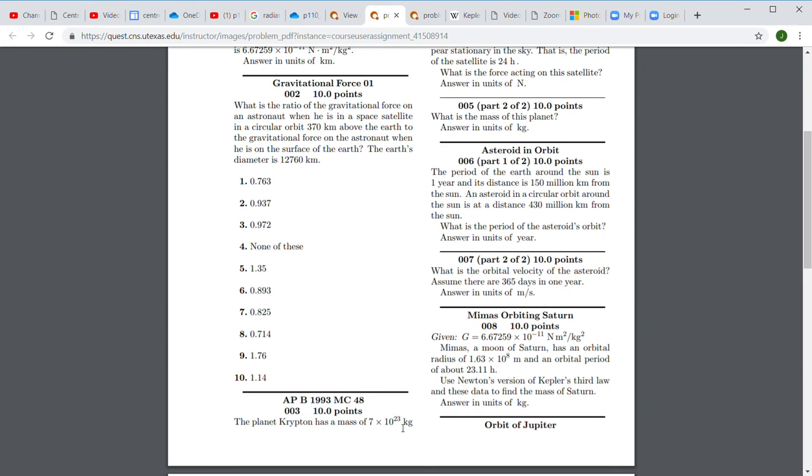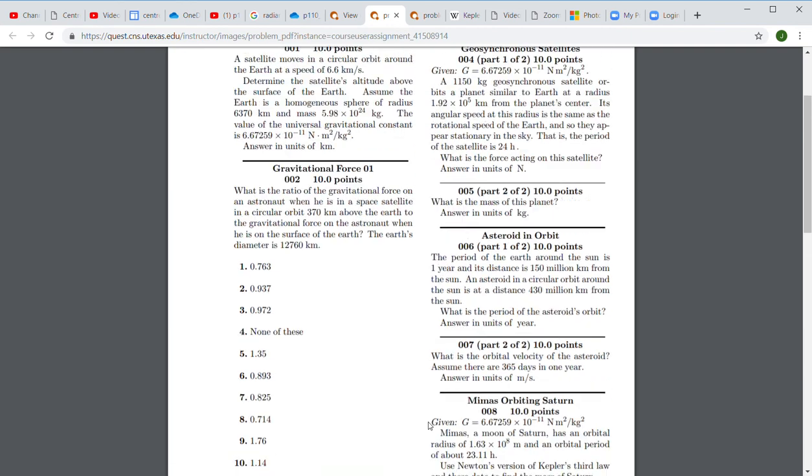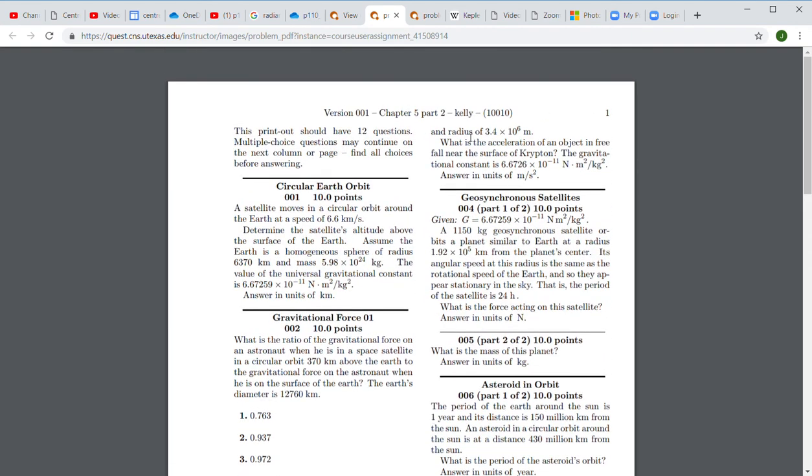Problem 3. Planet Krypton has a mass of so many kilograms and such a radius. What's the acceleration of an object in free fall near the surface of Krypton? So that's really asking what little g is on the surface of Krypton. And the way we do that is we imagine dropping an object in free fall.